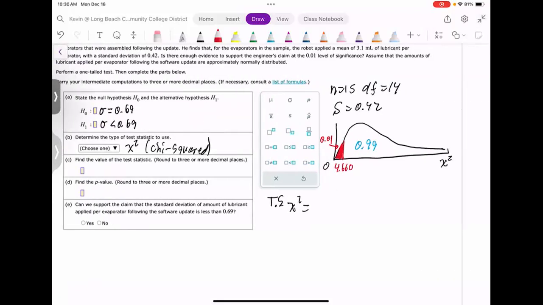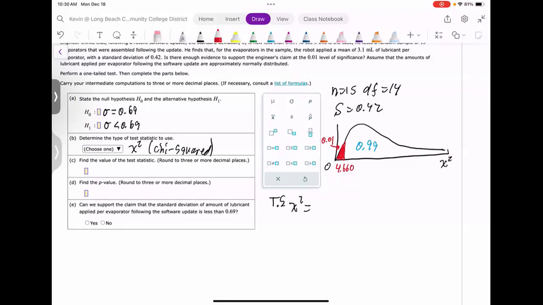All right. So let's find our test statistic. I'll write the formula up for us real quick. Our test statistic is n minus 1 times s squared over sigma squared. N minus 1 is 14. S is 0.42.